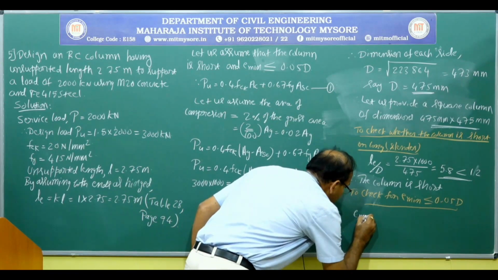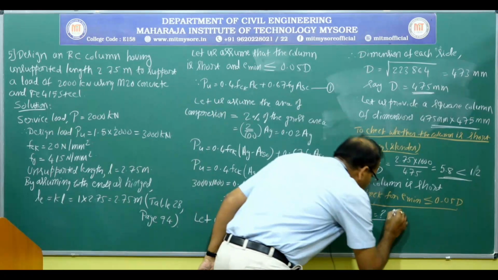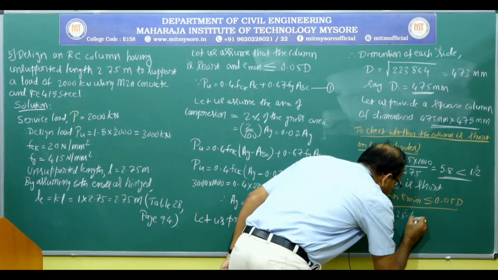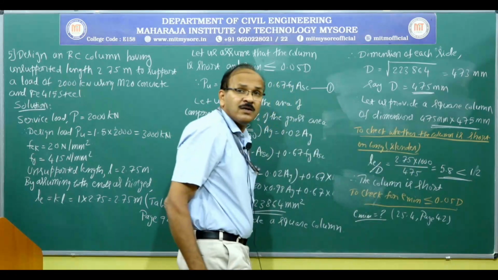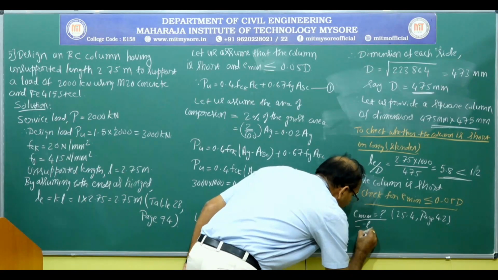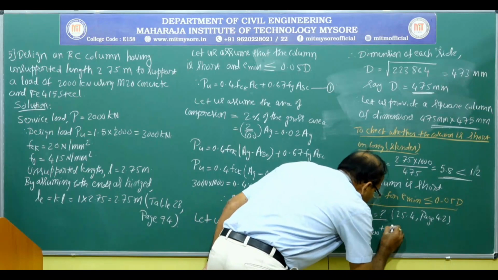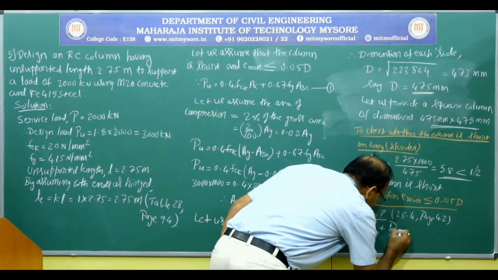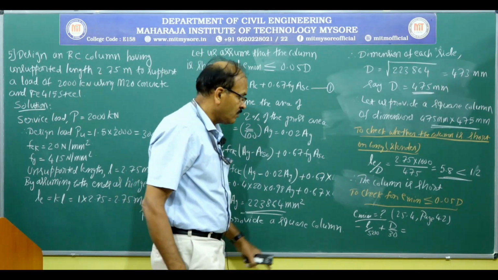This is as per 25.4, page 42 of the code book. e minimum should be L by 500 plus D by 30. This is as per 25.4, page 42.